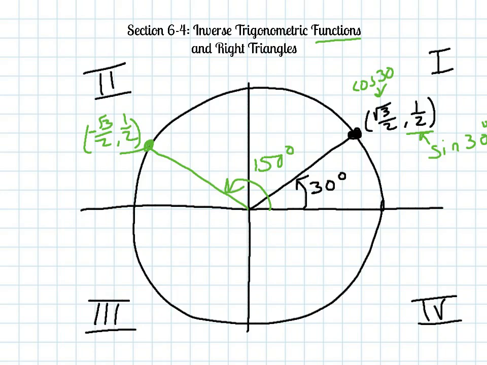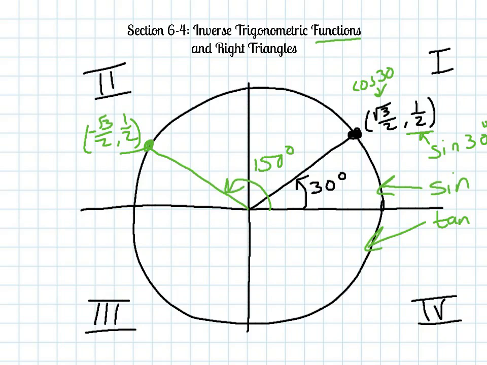So for it to be a one-to-one function, we need to restrict the domain for each of these so that we can keep our functionality going. So for sine and for tangent, we restrict our trig functions to the first quadrant and the fourth quadrant.